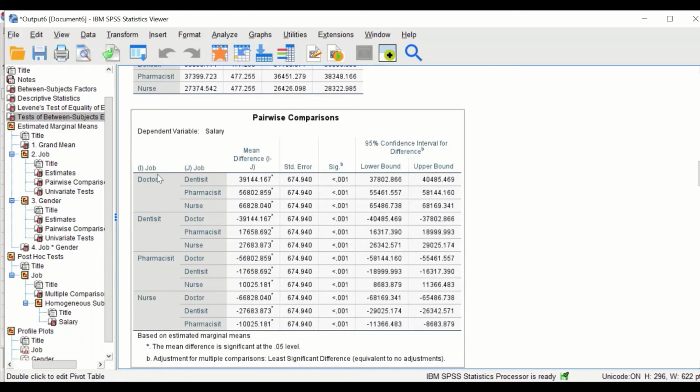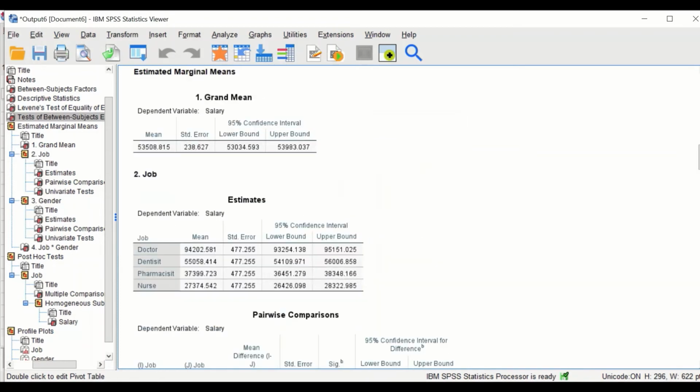Here in this pairwise comparison, doctors compared to dentists, there is a significant difference in the salary. When the doctor is also compared to pharmacists or to the nurses, again there is a significant difference. So this pairwise comparison will pinpoint the groups or two groups that have differences in the salary.